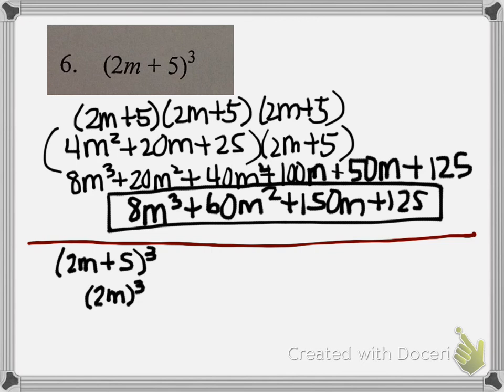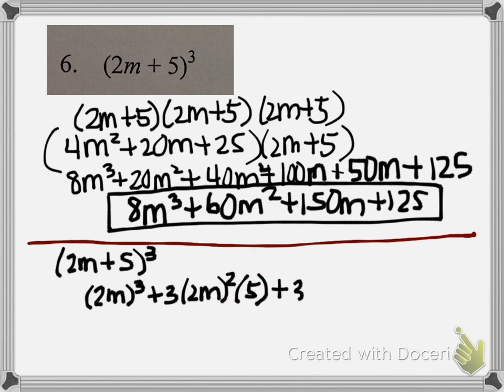The second pattern is we're going to take 3 times the first term squared. So what it does is that this goes down by 1 exponent. And then there's a rule where the exponents of the second term go up, so that the exponents add up to 3.